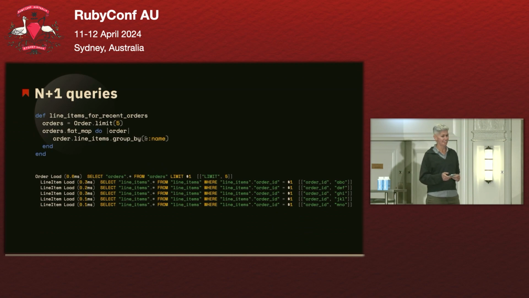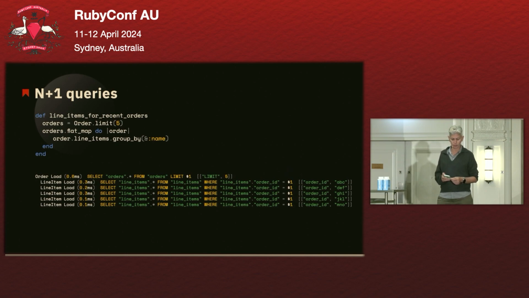N+1 queries. N+1 queries are performance issues. They occur when Active Record executes a separate query for each one of the objects coming from the list of objects, so instead of using a single query to load all of them at once. So in this case, we are getting back the 5 most recent orders that we have, or any 5 orders that we have.